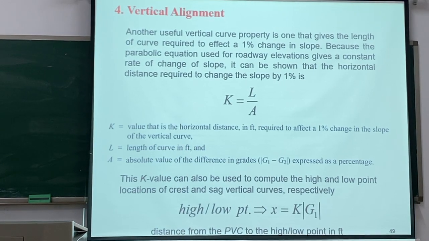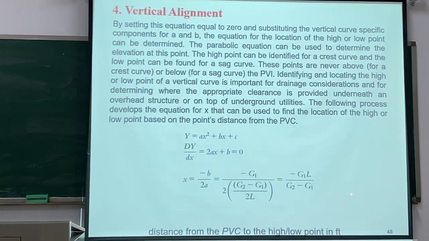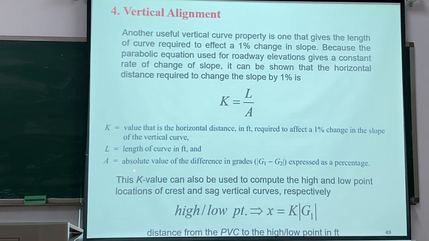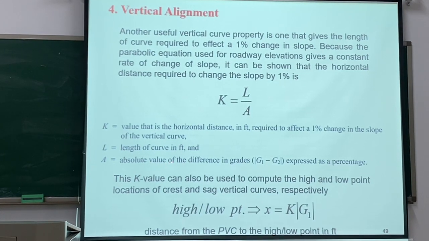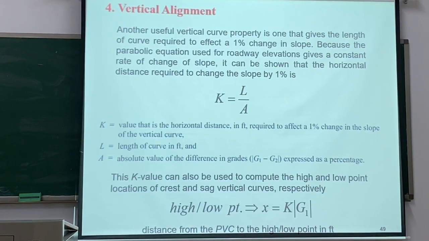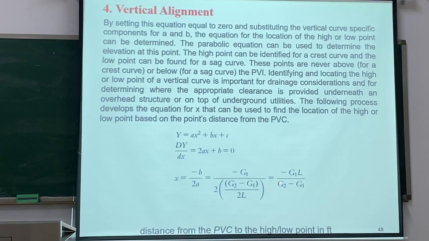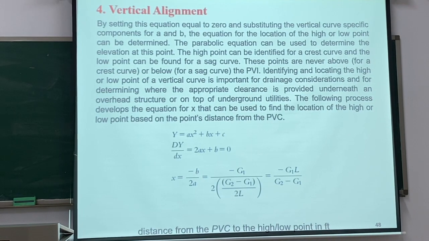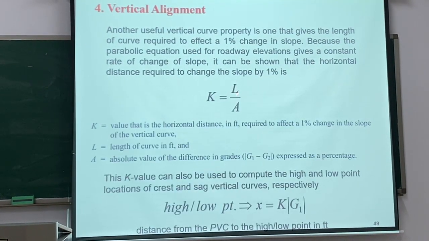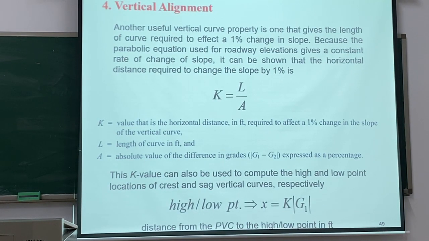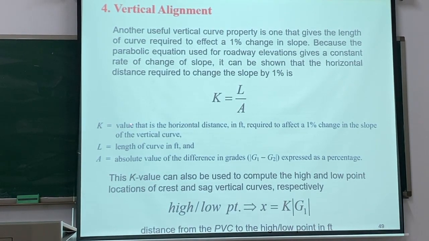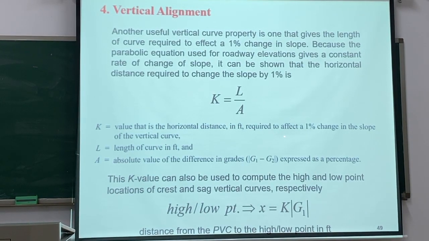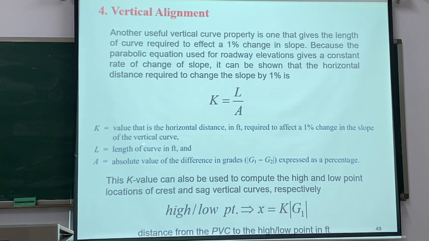A is the absolute value of the difference in grades, and L is the length of the curve. The K value is the horizontal distance in feet required to effect a 1% change in the slope of the vertical curve.